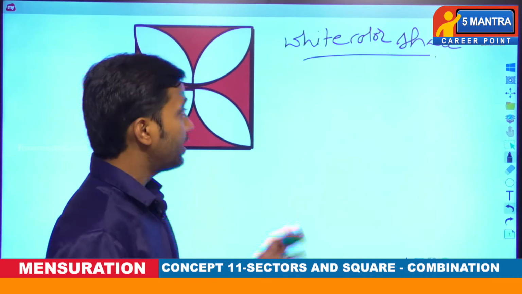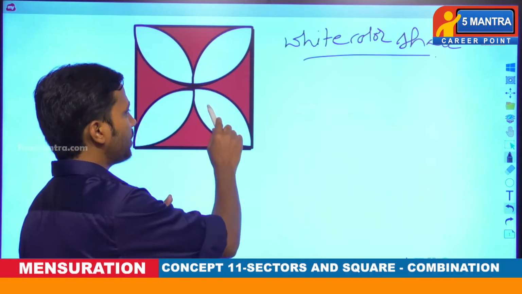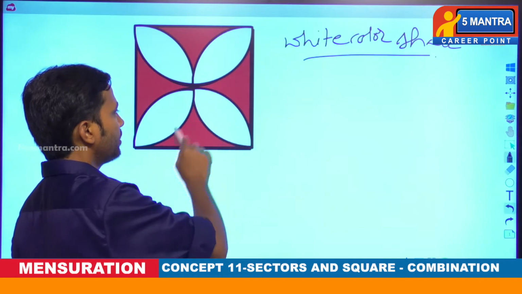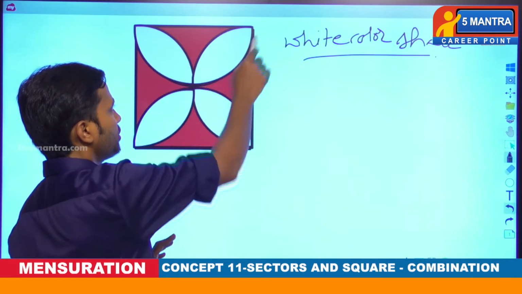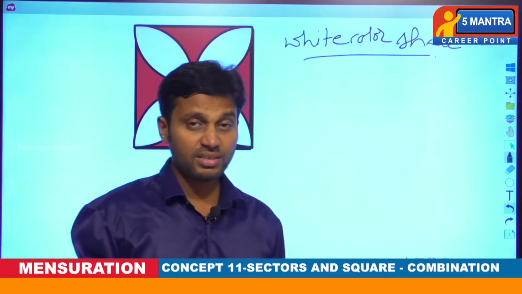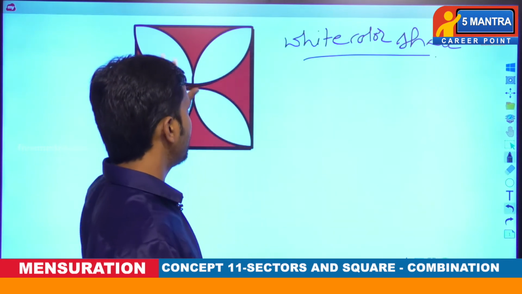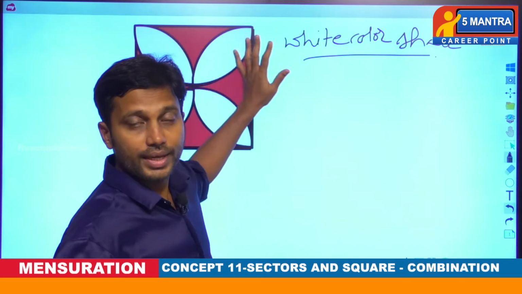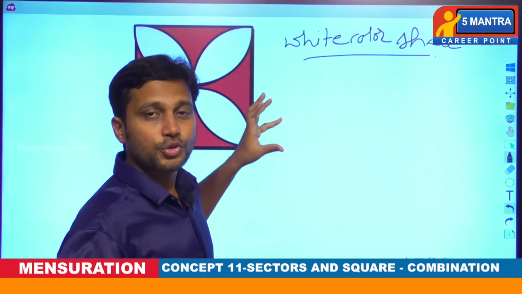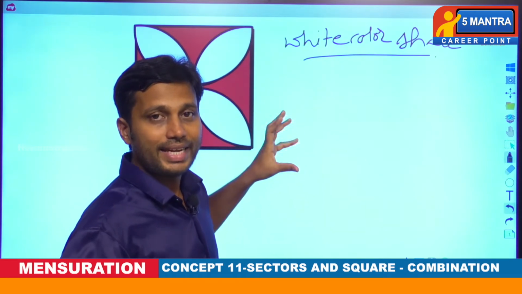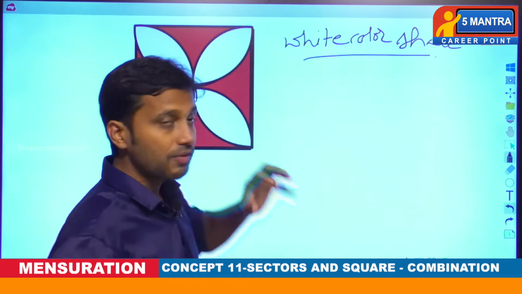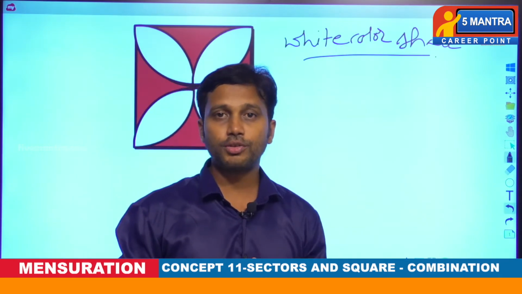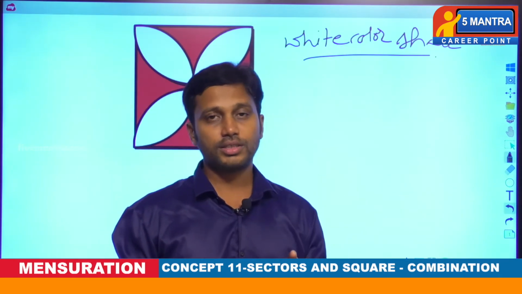Once again, showing in the diagram which is the white colored shade, this part, this part, this part, and this part. That means the total white color shaded region is this one. Okay, so here it is showing a flower shaped area, and we need to find out the flower shaped area and how to design the concept.